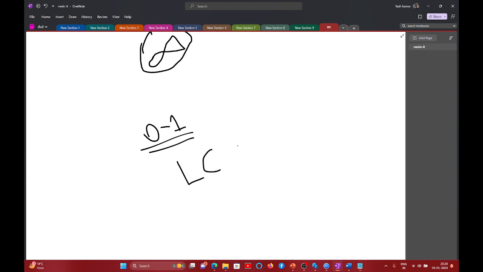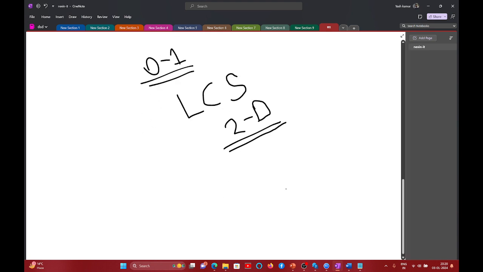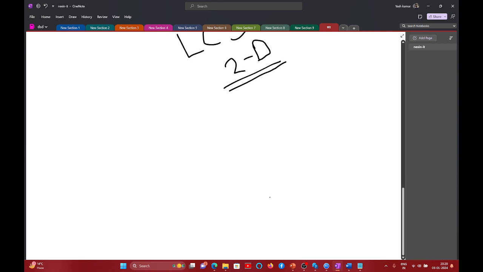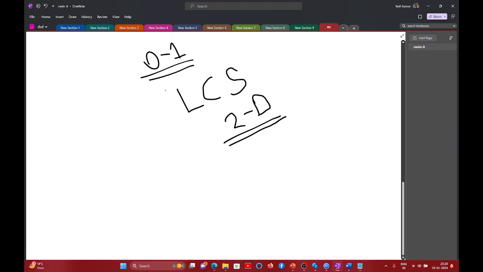Those are examples of 2D dynamic programming, in which our function will take two parameters and we will store results in a 2D array. So basically that thing is also the same. I'll just give you a little bit of an idea about the 0 1 knapsack problem here.